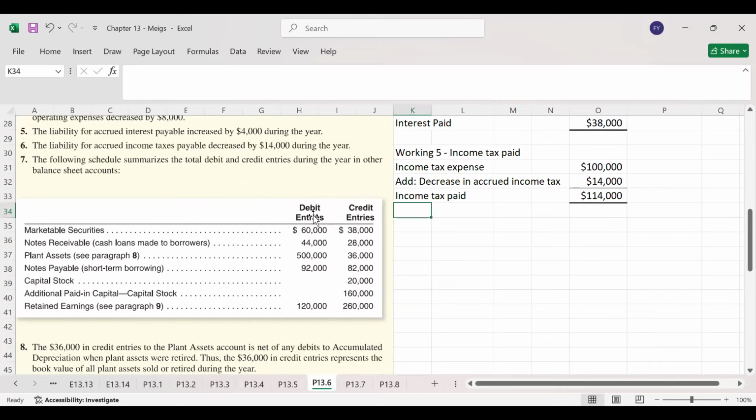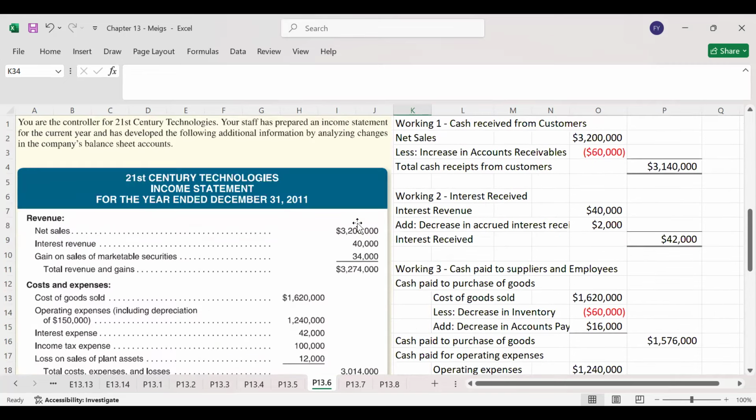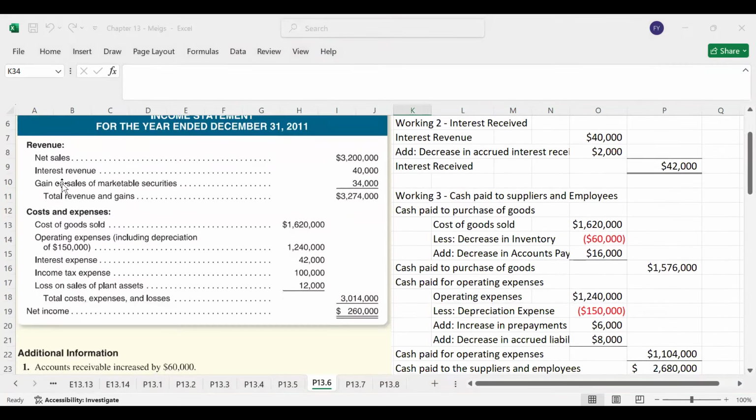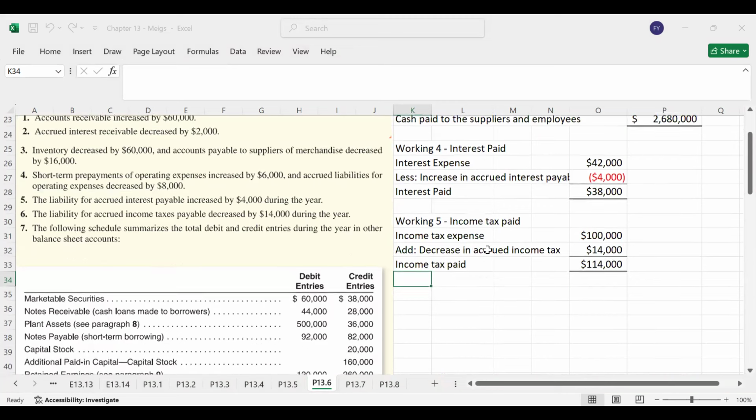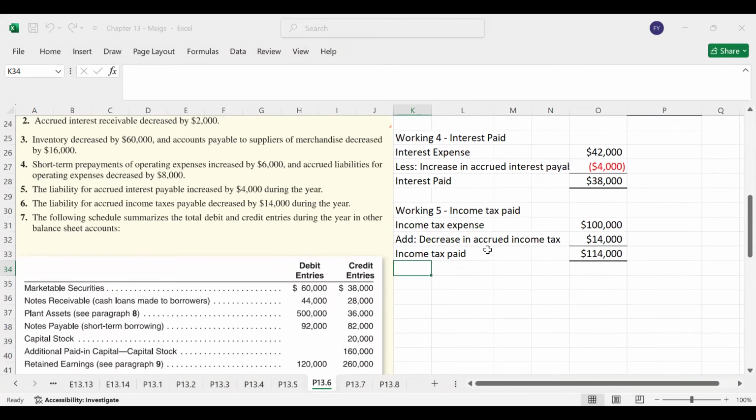So this $60,000 is the marketable security, and then we have a credit entry. This credit entry actually represents the sale of marketable securities. Because we have gain on sale of marketable securities, it is written in the income statement that this means that during the period the marketable securities were sold.